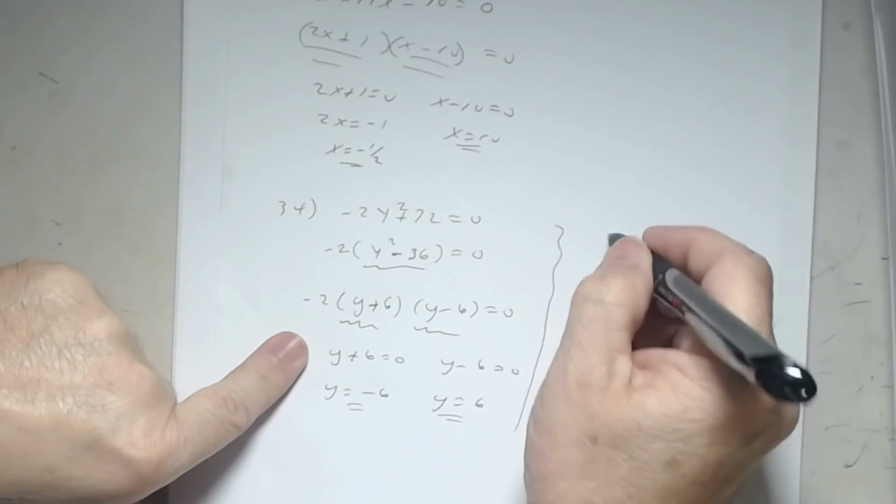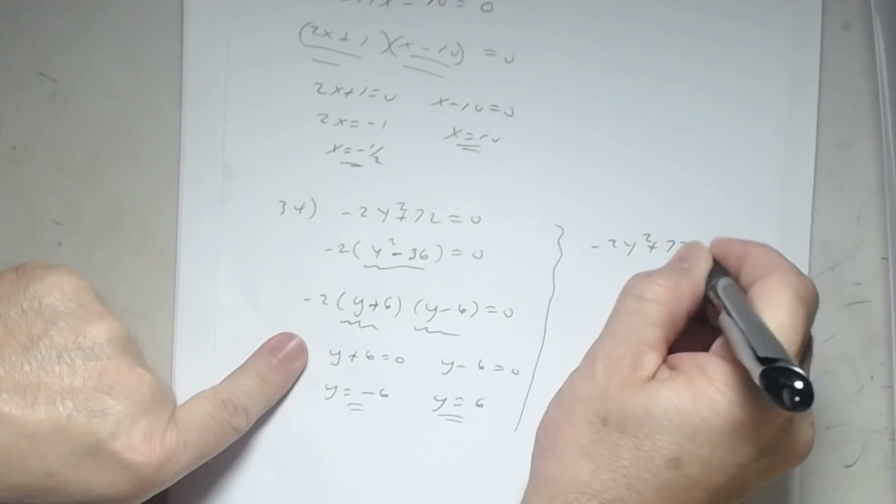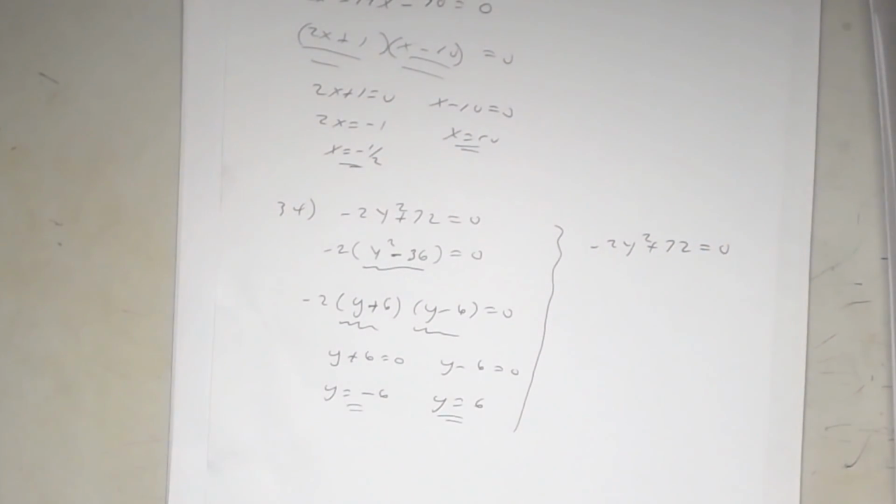Now, look at 34 again, and still think about the GCF. What's the GCF here? Negative 2.